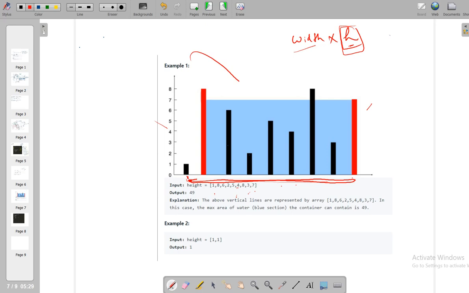To calculate the maximum area, we don't know about h. We have to get that from the array. But what we know for sure is the width. So to get the maximum area, we can think in a way that if I can maximize the width, the maximum width is from the initial index till the final index.